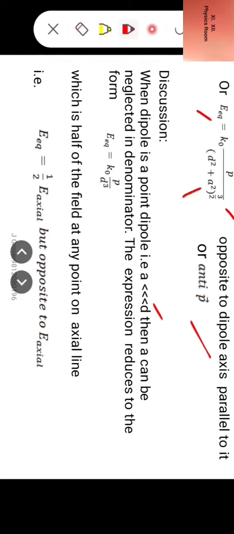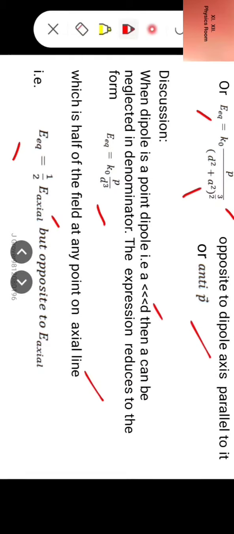After neglecting A, the expression reduces to the form E equatorial equal to K naught P by D cube, and it is half of the field at any point on the axial line. That is, E equatorial is equal to half of E axial, and the direction of E equatorial is opposite to E axial.